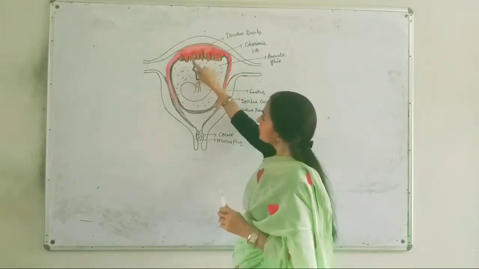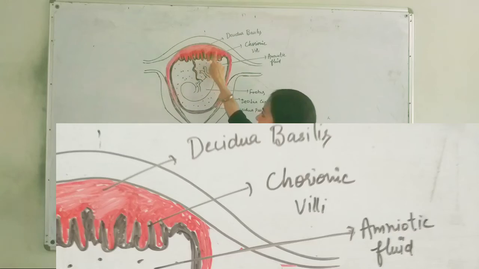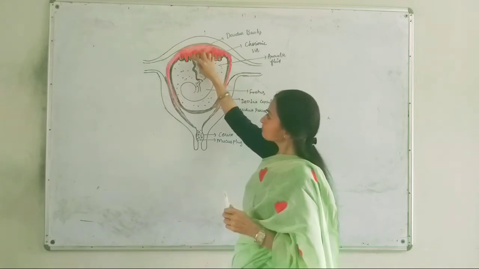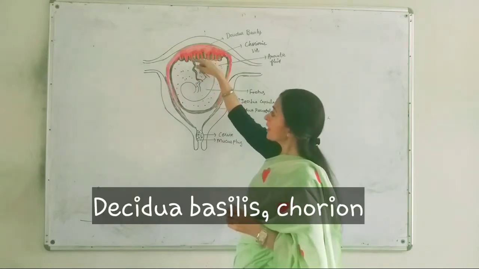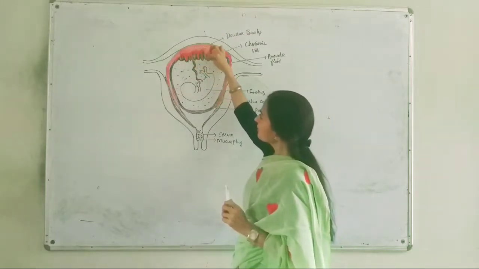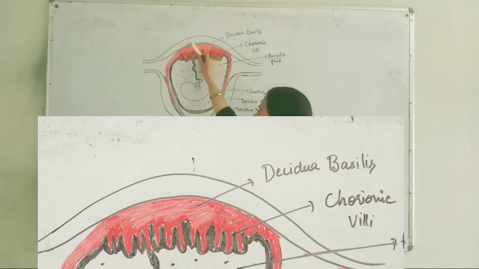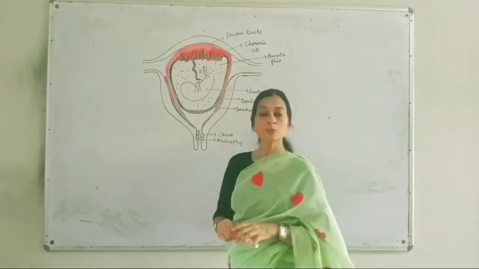A part of this tissue is made up of the decidua basalis, meaning the maternal part, and a part is contributed by the fetal extra embryonic membrane, that is the chorion. The villi embedded in the decidua form a disc-like structure.